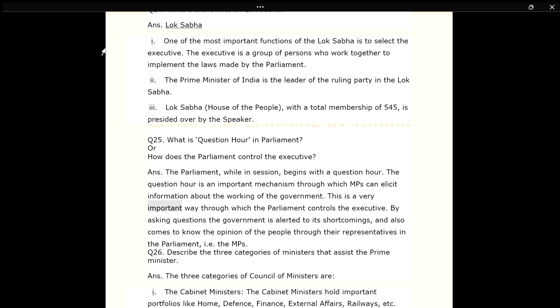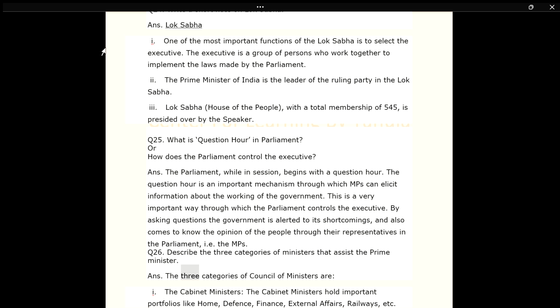This is a very important way through which the parliament controls the executive. By asking questions, the government is alerted to its shortcomings, and also comes to know the opinion of the people through their representatives in the parliament, i.e. the MPs.